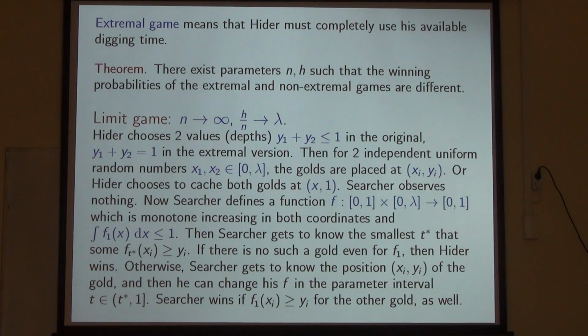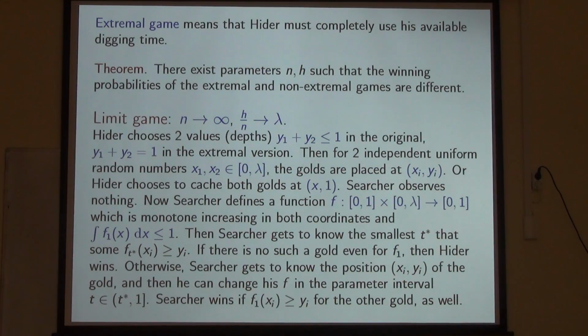The hider chooses two depths. Two x-coordinates are chosen at random. These are chosen by the hider. These are chosen at random. These are the placements, and the searcher doesn't see this, but he chooses a digging plan, a monotonic digging plan, so that the integral of the total what he digs must be at most 1.